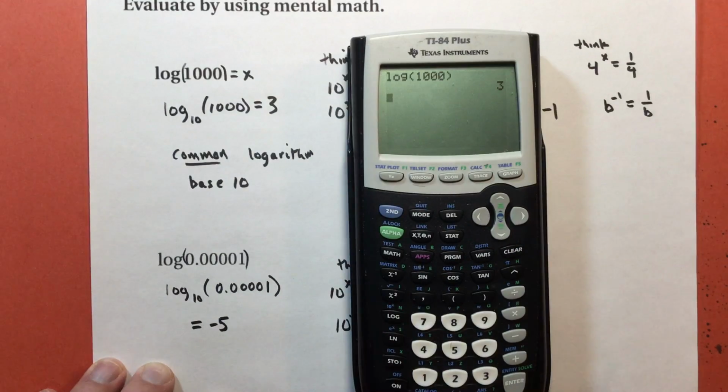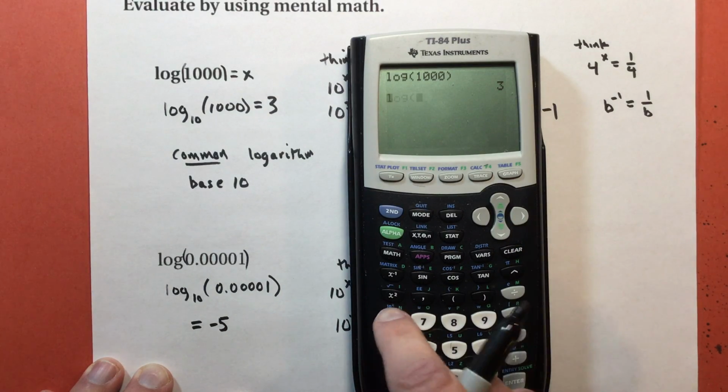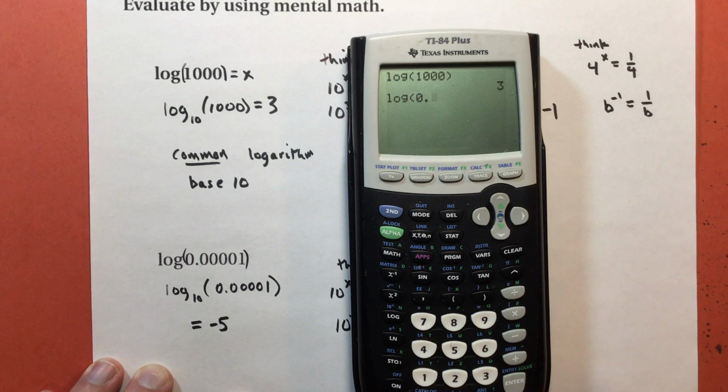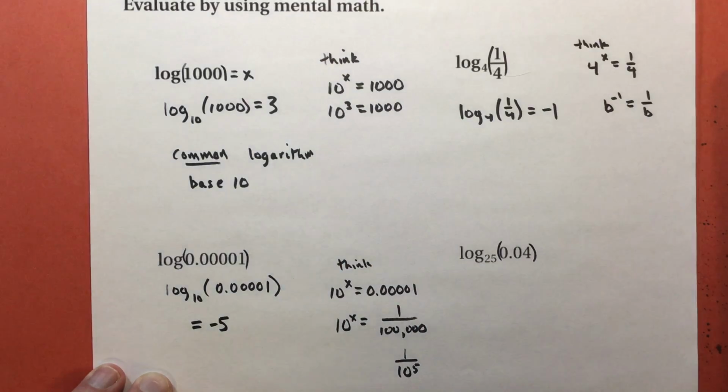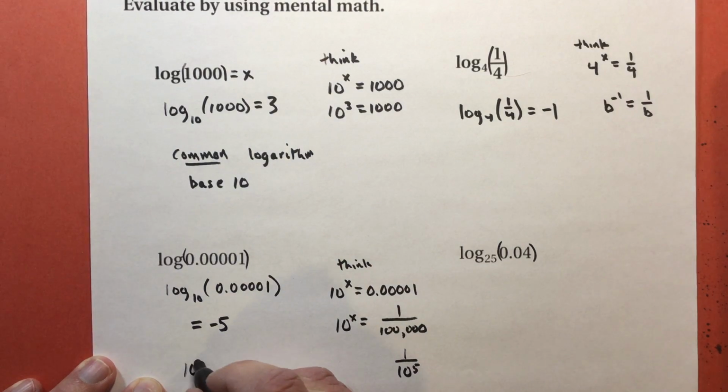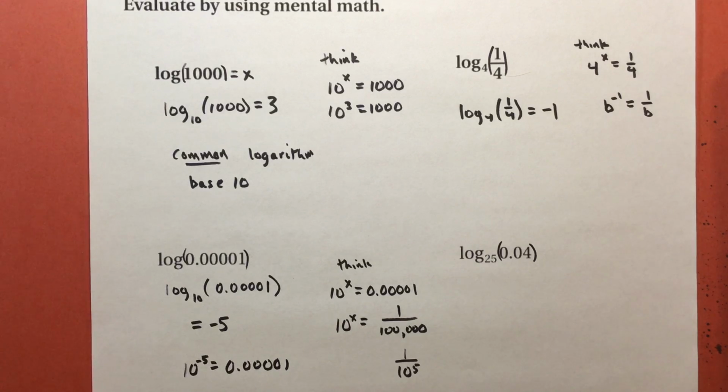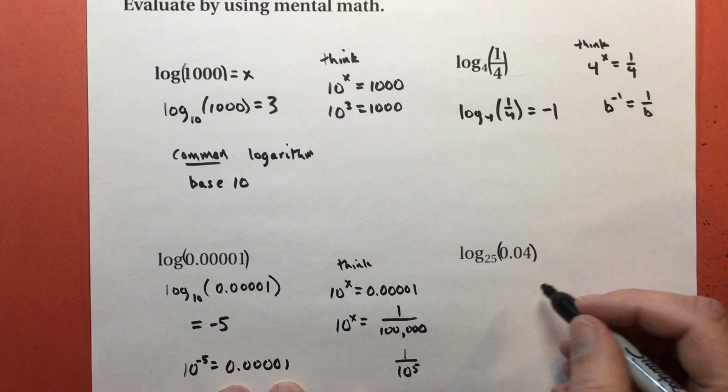And let's try that on the calculator. Common log of 0.00001, and I got -5. So basically this is saying 10 to the negative fifth power equals 0.00001.